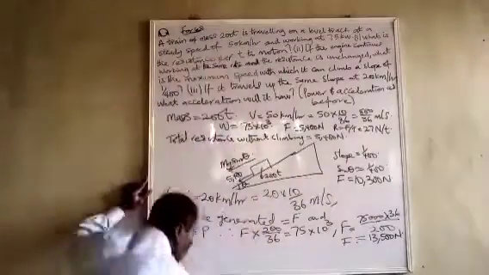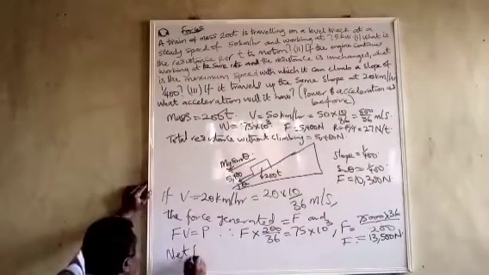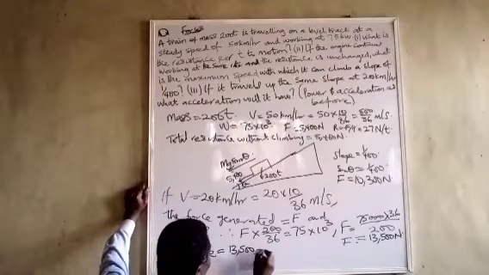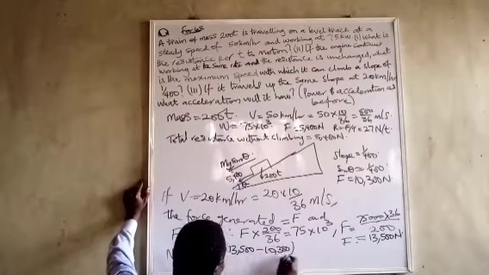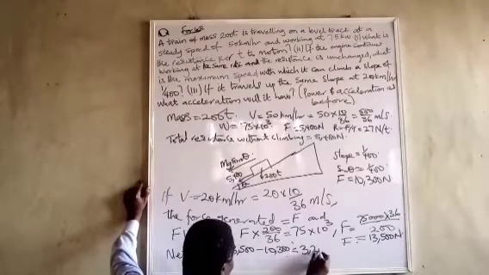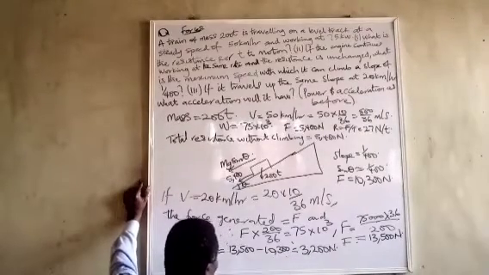So the net force will be equal to 13,500 minus 10,300. And this one is going to give us 3,200 Newton.